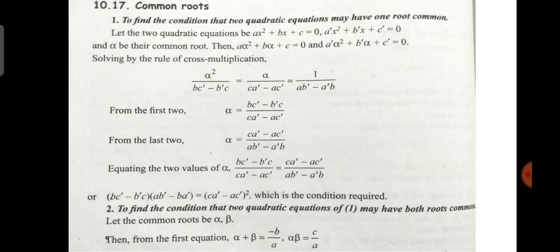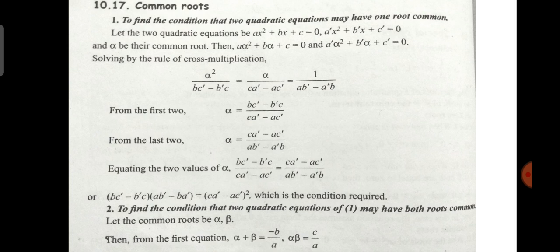And the last is common root. To find the condition that two quadratic equations have one common root. Two equations have a root in common. That is, the first equation is ax square plus bx plus c equal to 0, and a dash x square plus b dash x plus c dash is 0.